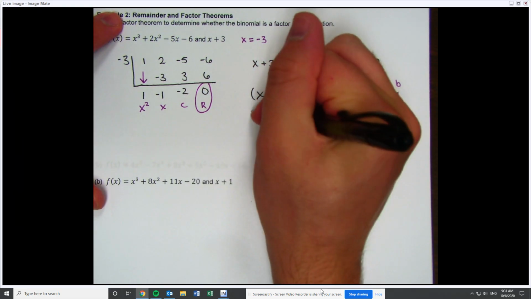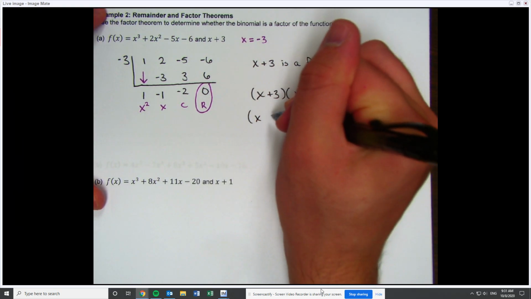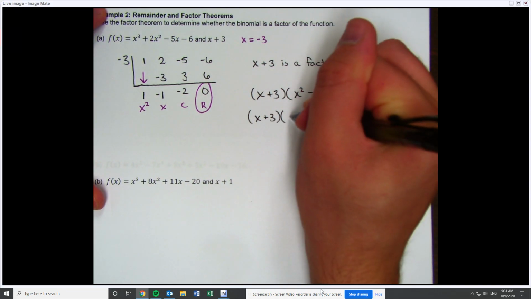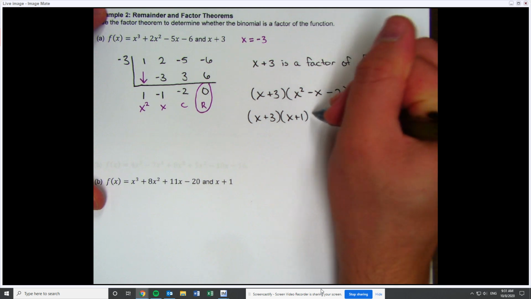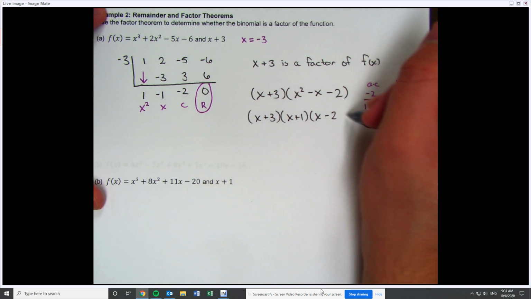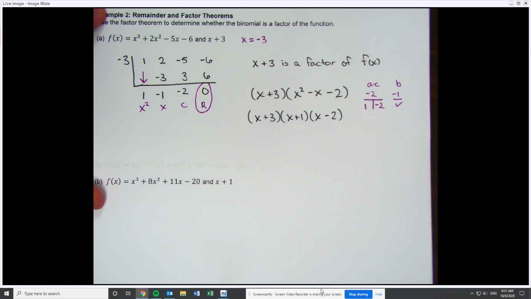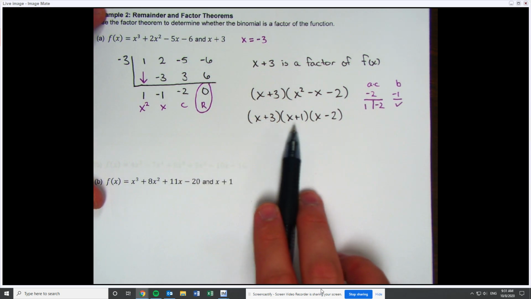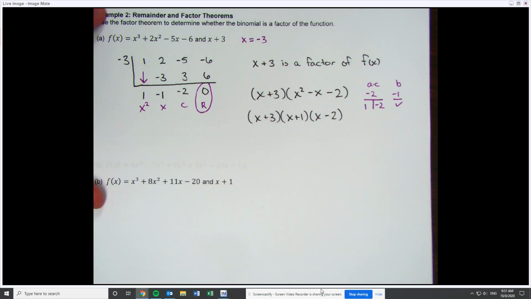So now I can take that big polynomial that was to the third power and break it down even more. Plus 1, minus 2. So by knowing one factor, I was able to find all three factors. That's the power of this theorem.